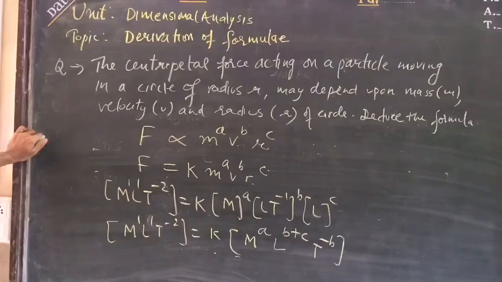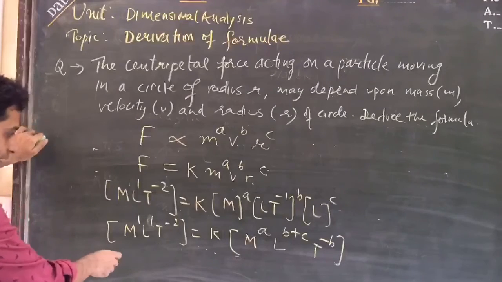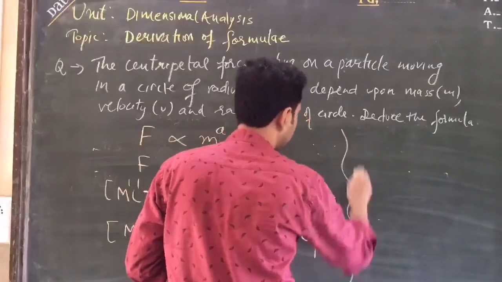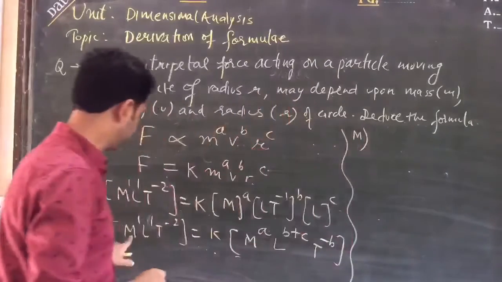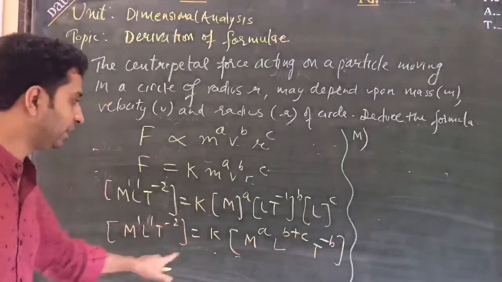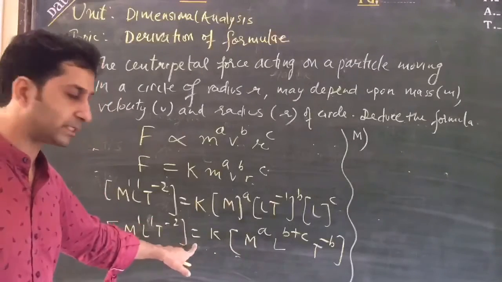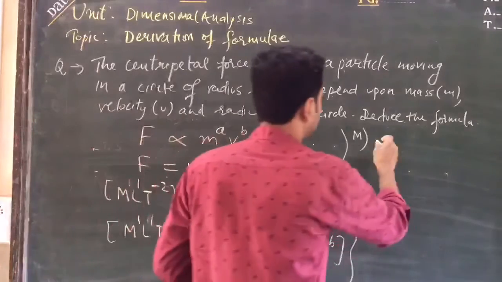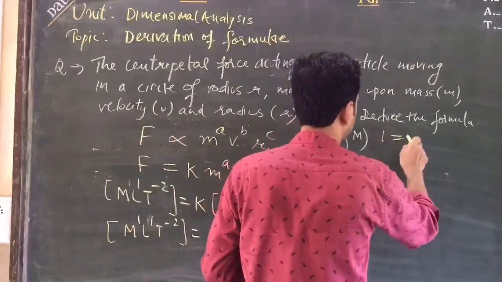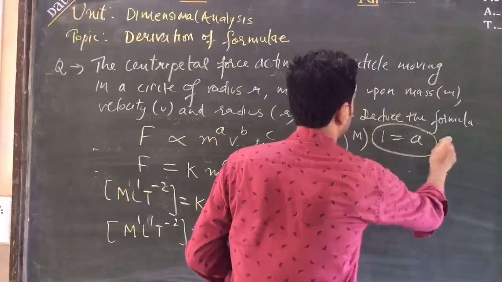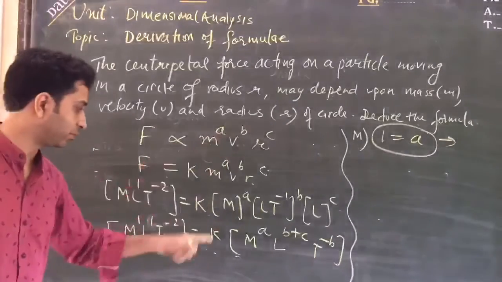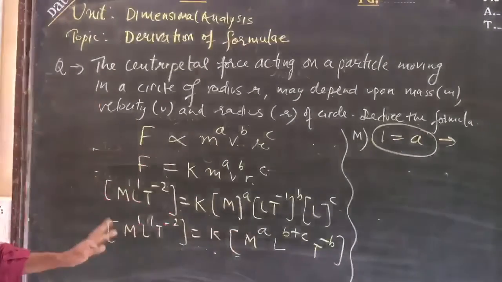Now the next step is to equate the dimensions of the common parameters. If I take M, left hand side and right hand side, because now we are going with the equality sign, the power of M is 1 here and a on the other side. So we can write 1 equal to a. We have solved for one unknown parameter, a equal to 1, just by comparing the equations.